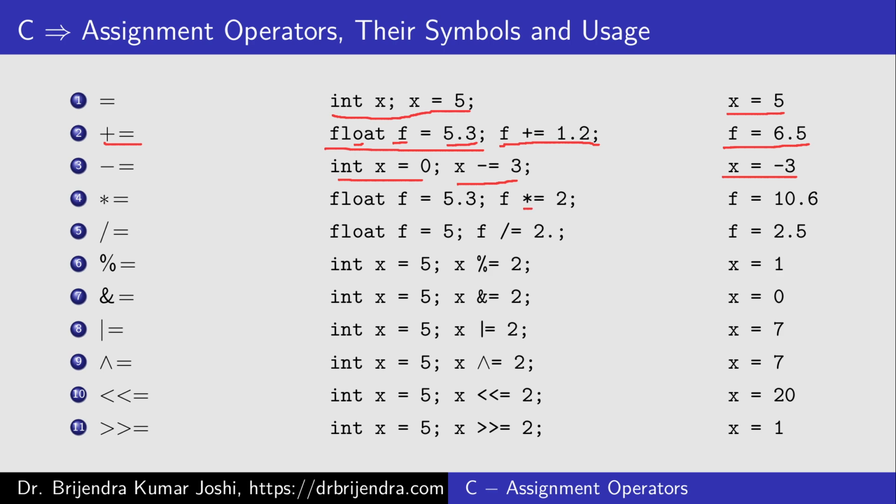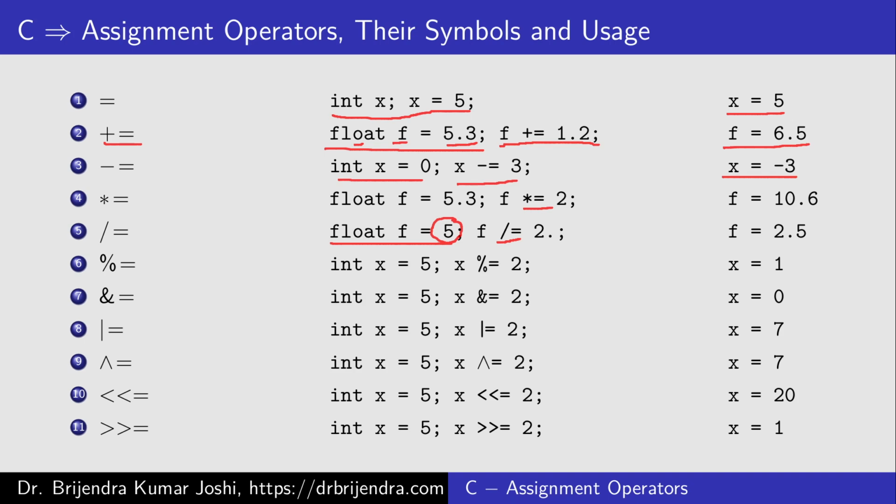Similarly, star equal to, and here remember it is slash equal to, it is a floating point number variable, but the value assigned is an integer. It doesn't matter because in C the integers are treated as floating point numbers also, and internally their values are stored as a floating point number.